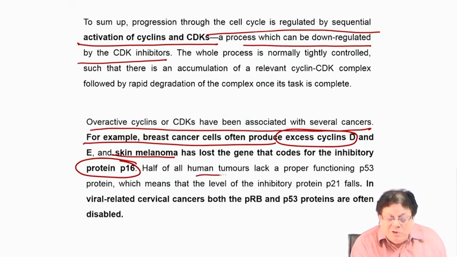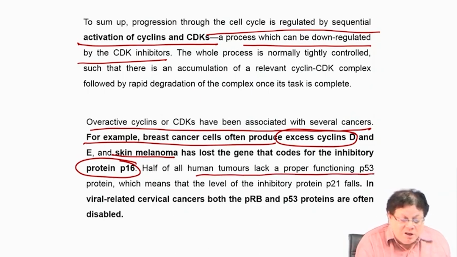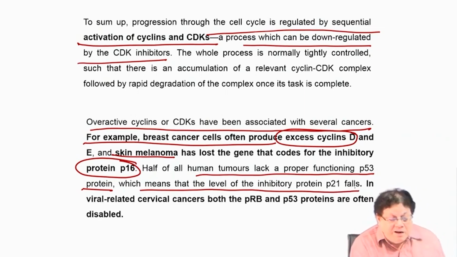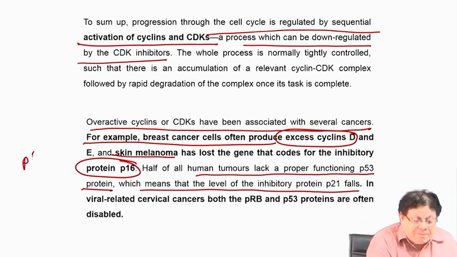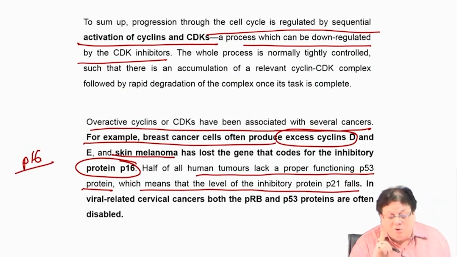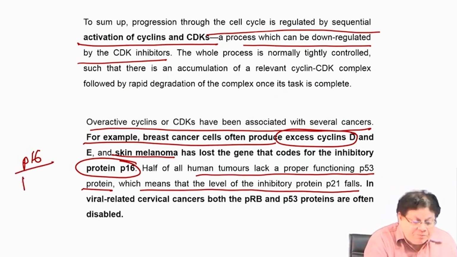Half of the human tumors lack a proper functioning of P53 protein, which means that the level of inhibitory protein P21 falls. There are many inhibitory proteins: P16, which inhibits growth, P53 is the original one, and then P21.